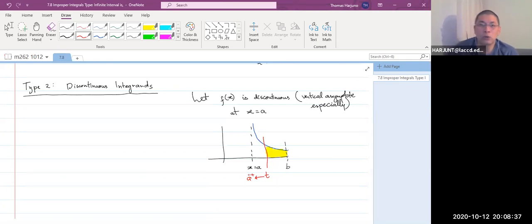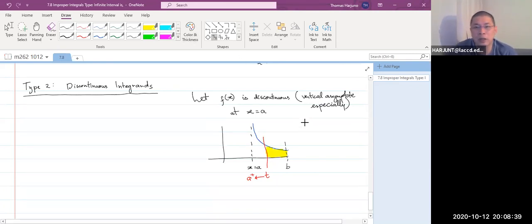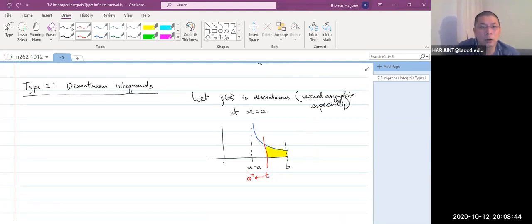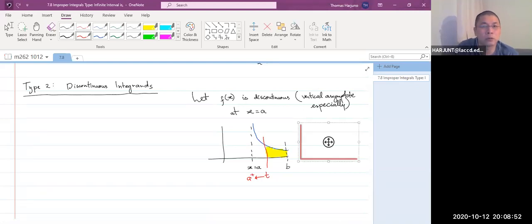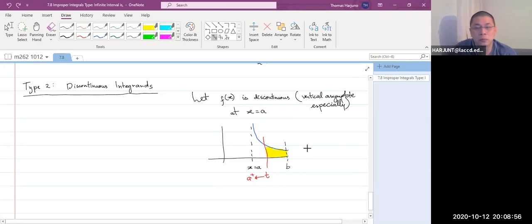Suppose the discontinuity is on the right-hand side, the right-hand limit of the integral. Suppose the discontinuity is like this.